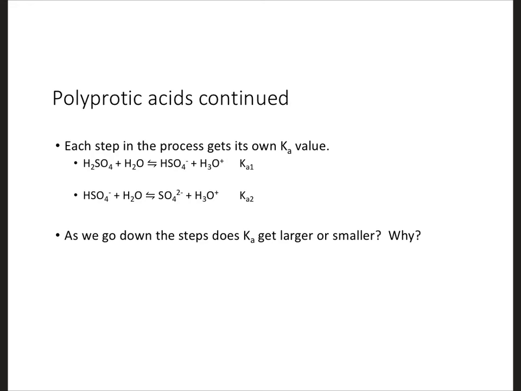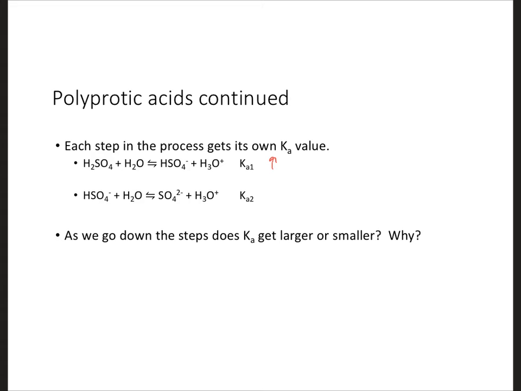So in the instance with H2SO4, giving up the first proton is actually pretty easy. H2SO4 we consider to be one of our stronger acids, and so when it gives up that first proton, that is an easy step. If it's easy to give up that first proton, that means this Ka is going to be larger.